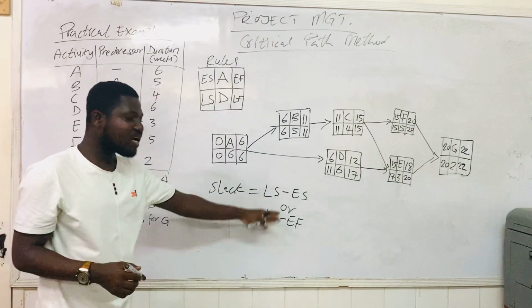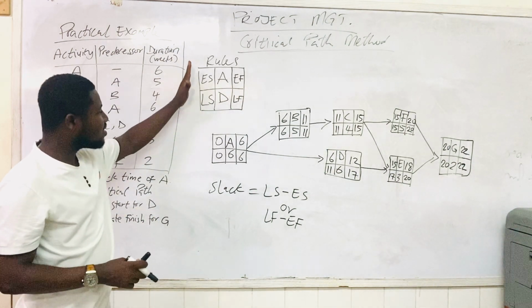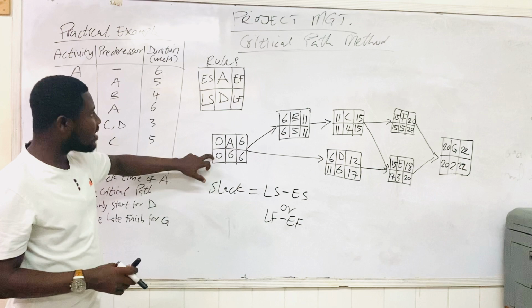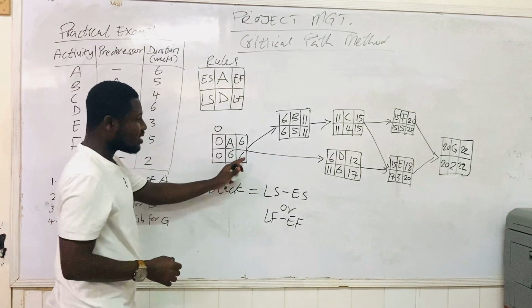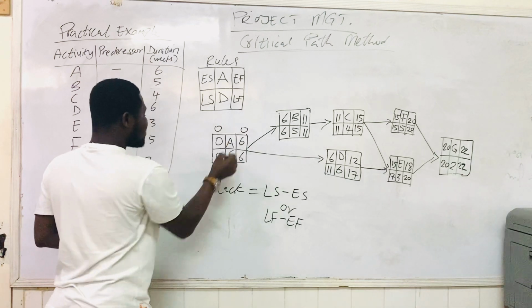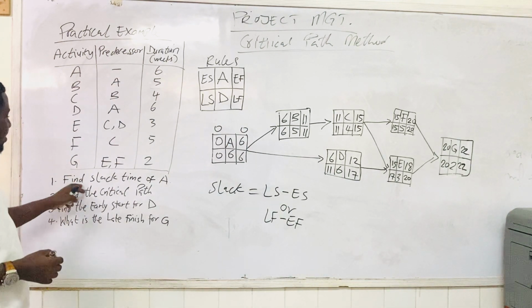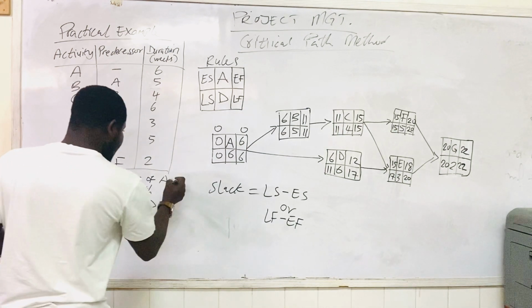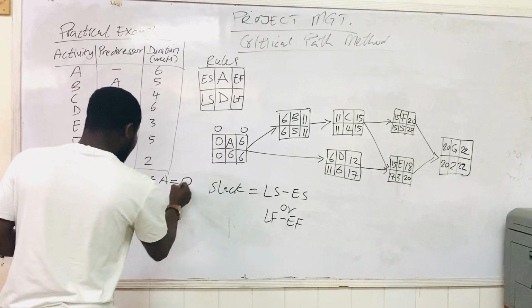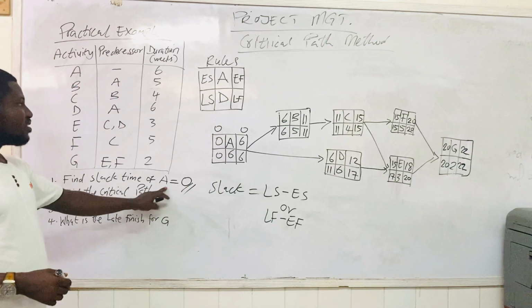So this is the formula for slack. Applying the rule here, this is LS, this is ES, so this minus this is 0, and this minus this is 0. And so our question asking us to find the slack time of A, the slack time of A is equal to 0.